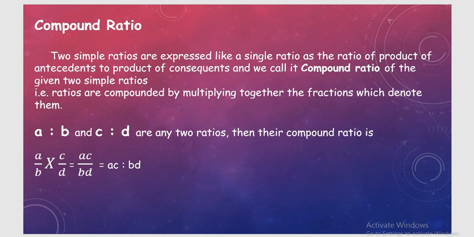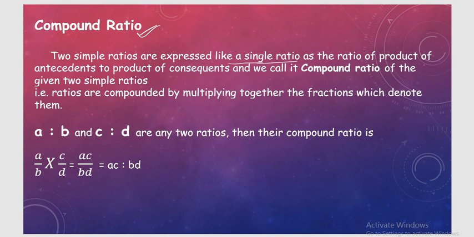Next, moving on to compound ratio. Compound ratio is when you have two or more ratios and you want to express those ratios as a single ratio; then we can use the concept of compound ratio.